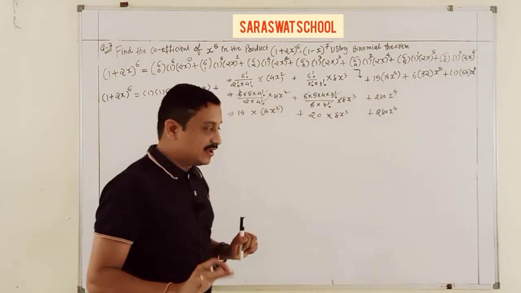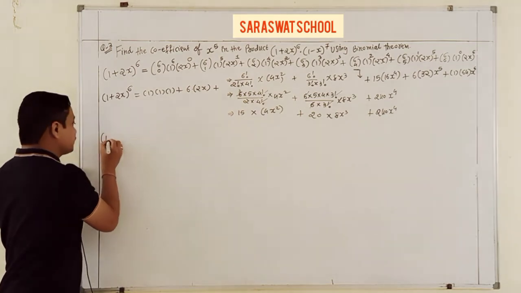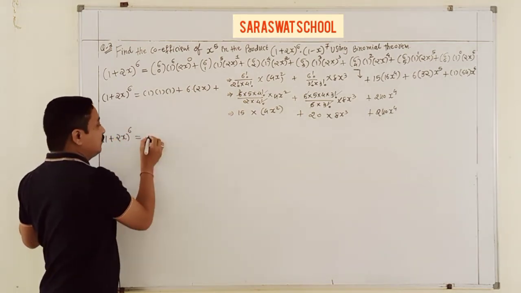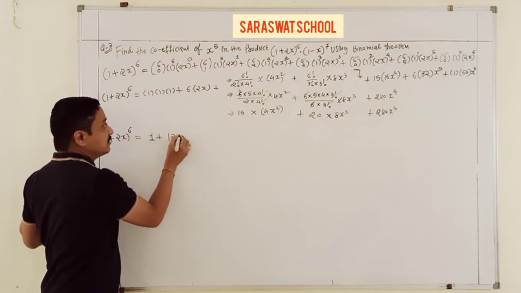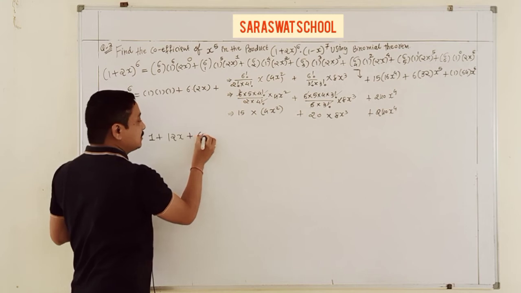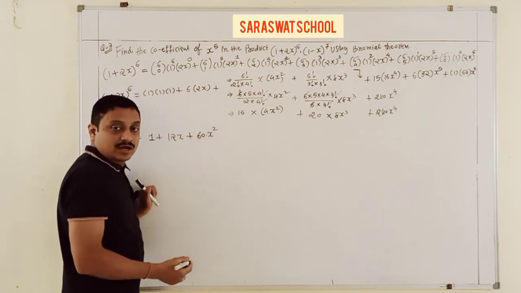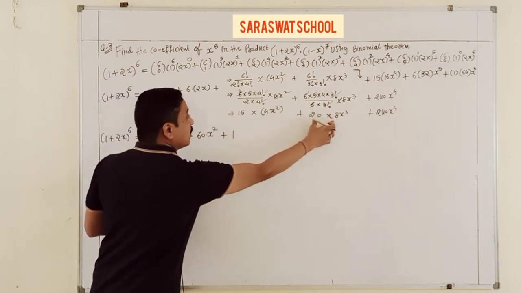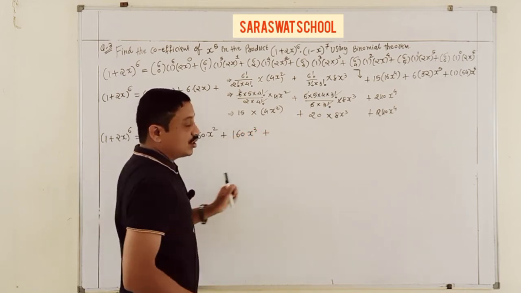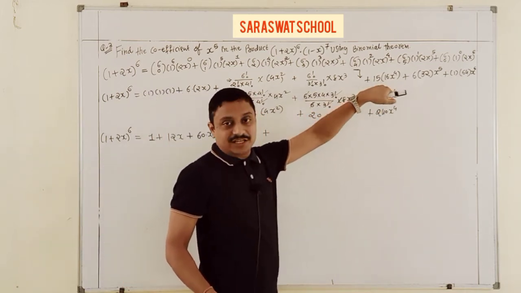Now finally, I can write down the full steps, my answer in one line. Here 1, 6 times 2 is 12x. Here 15 4s are 60x square. Now 8 times 20 is 160x cube. Now here 240, 15 with 16.